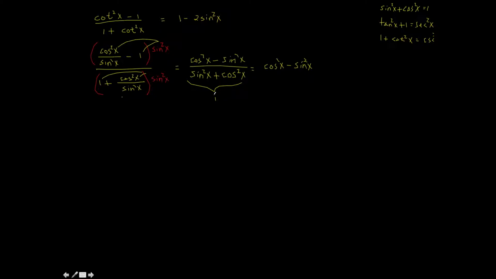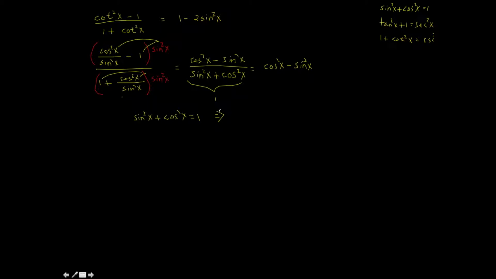Now, at this point, you've got to take a look at your right-hand side. What am I trying to convert it to? Well, I'm trying to convert it to sine squared. So notice I have cosine squared. I know sine squared plus cosine squared equals 1. Well, if I take this, and if you think about it, think carefully, we're trying to get it in terms of sine squared.